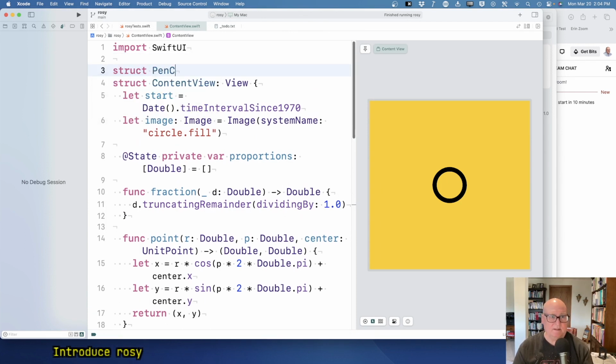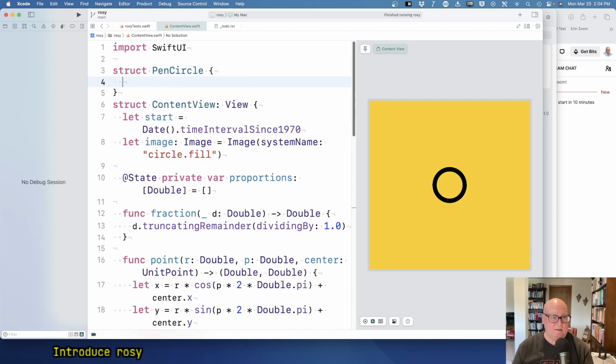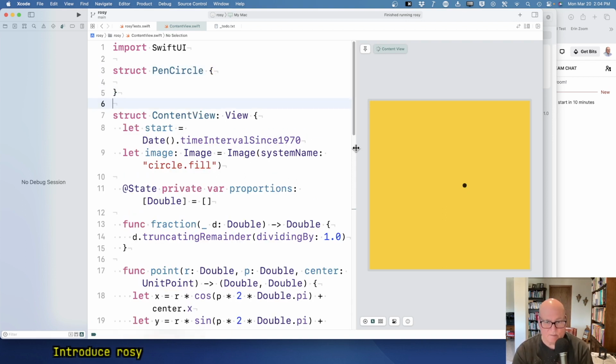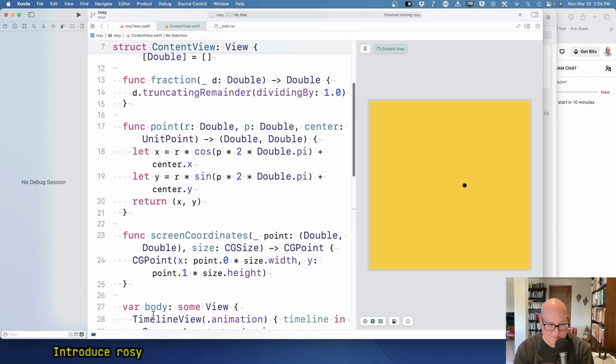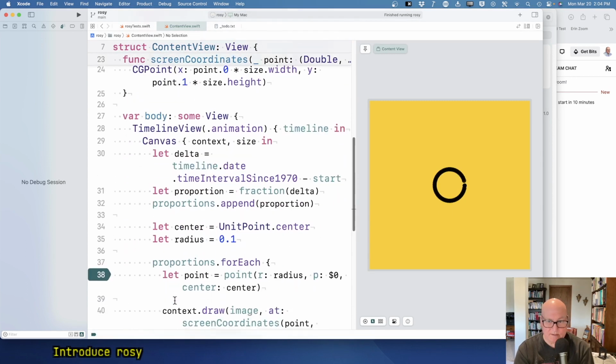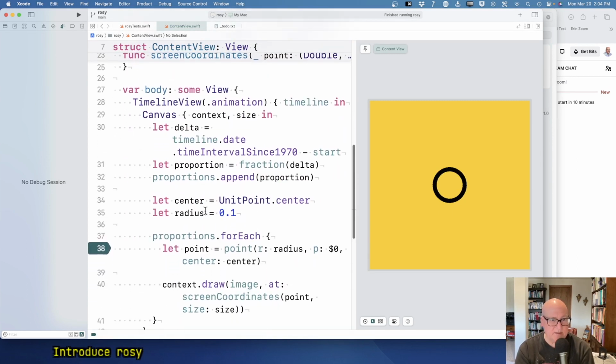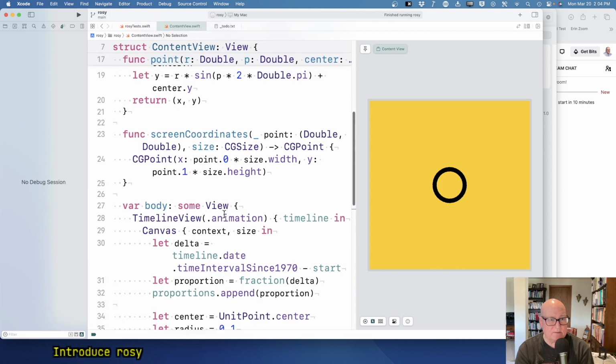Pen circle. Okay, and it's got some information in it. Basically these three blips of things: a proportion, a unit point for center, and a size for radius.